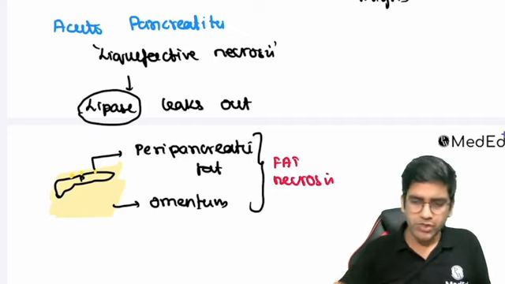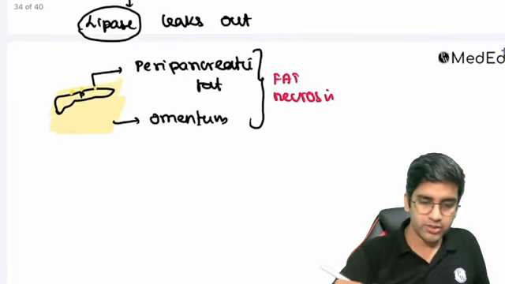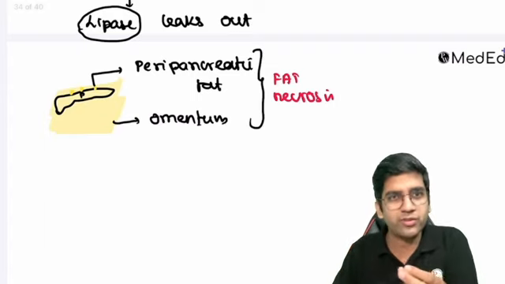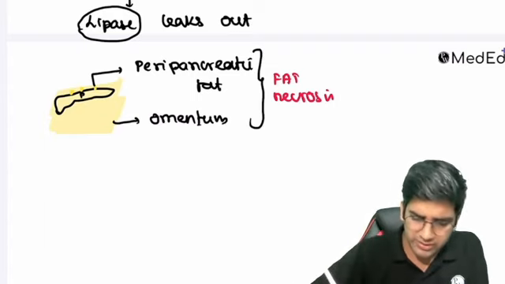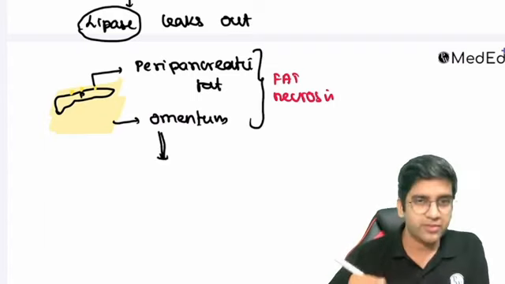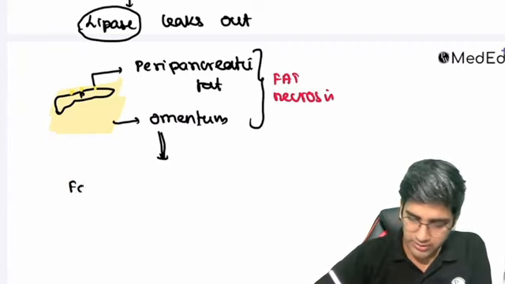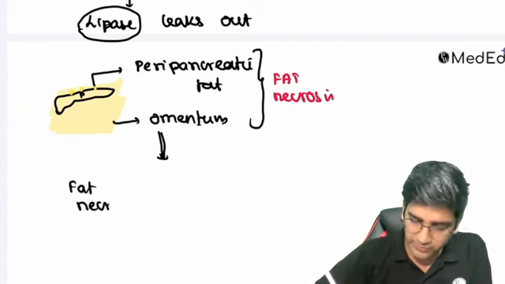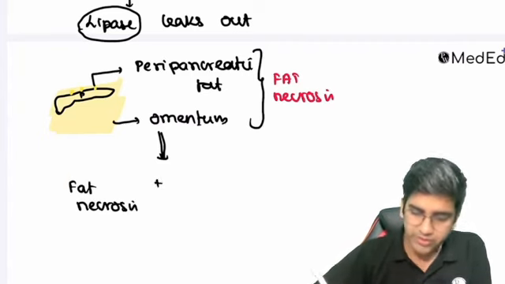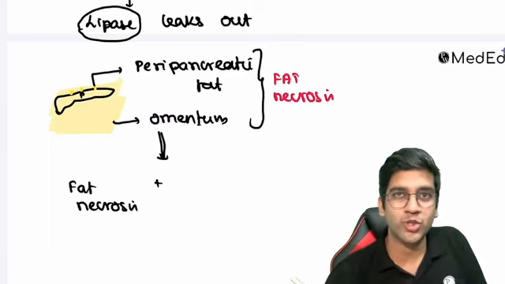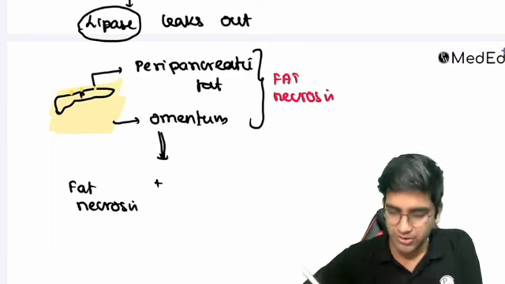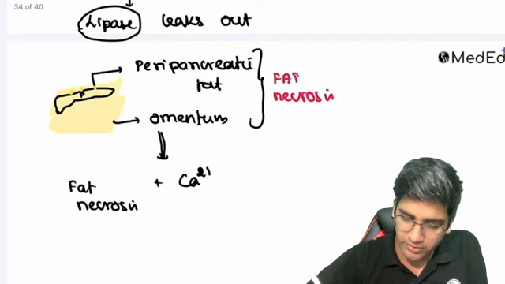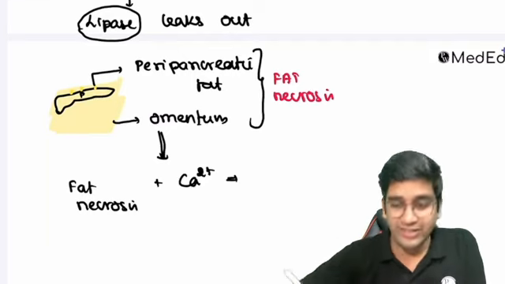Clear? So Robbins must have just given you a new concept in this omentum. What it must have written is, in omentum there's fat necrosis, along with the most common ion in any necrosis. What's the most common ion in any necrosis? Calcium. It forms calcific deposits.